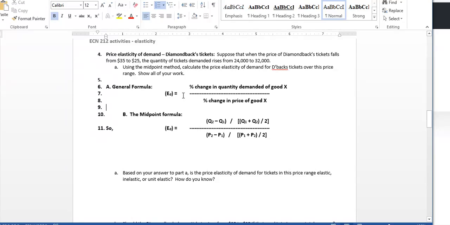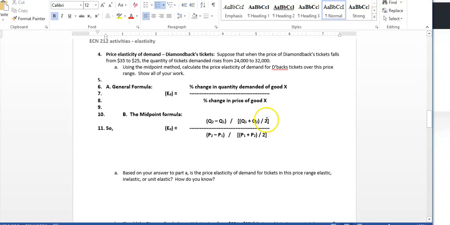We're not going to do it the old-fashioned way. We're going to use this midpoint or averaging formula. So that is the difference in quantities like we would do the old-fashioned way. However, instead of just dividing by the original quantity or the original price, we're going to divide by the average of the two.